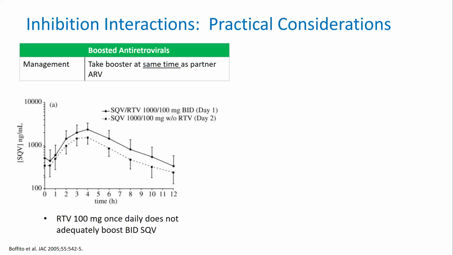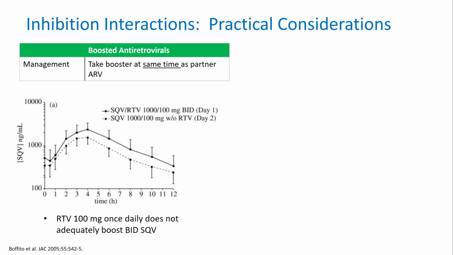So, some practical considerations when thinking about inhibition interactions. One is if you're using a booster for an antiretroviral, it's important to take it at the same time as the partner agent. I know some patients like to space out drugs throughout the day just to make it easier on their stomach, but it is really important if they're taking ritonavir to take it at the same time as their partner drug.